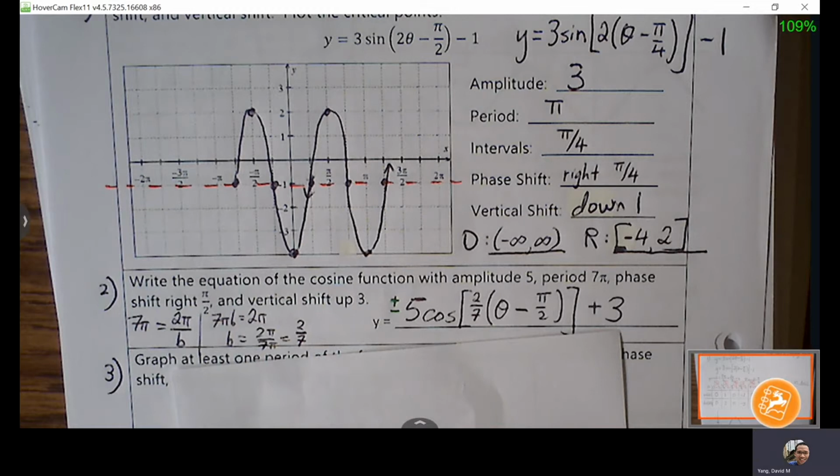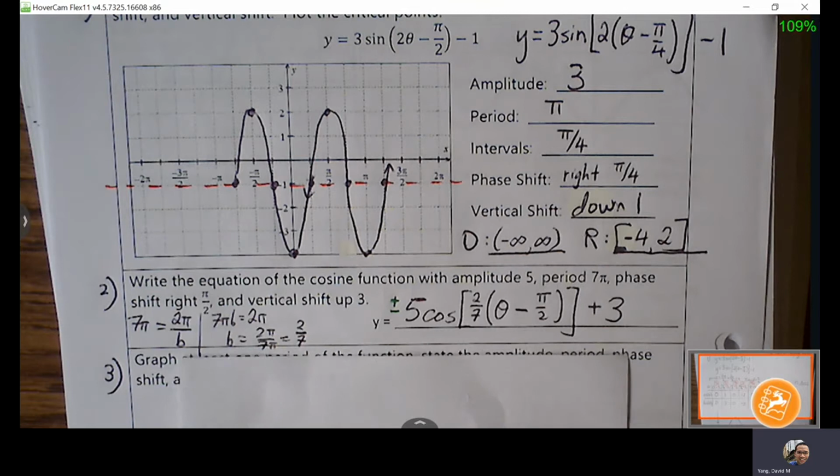Number 2, you can do plus or minus. Either one is fine. You don't have to do both, but either works. I'll show number 3 in a second.